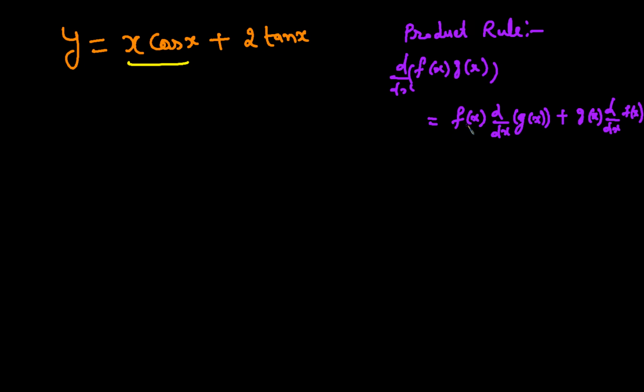So, first function times derivative of second function plus second function times derivative of first function. Let's use this rule and see what we can do to solve this problem.